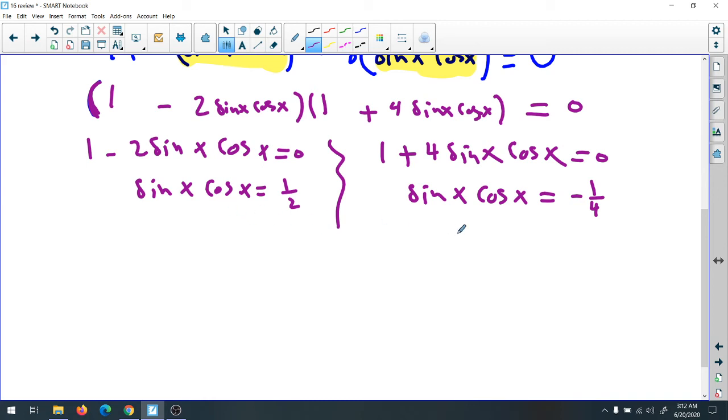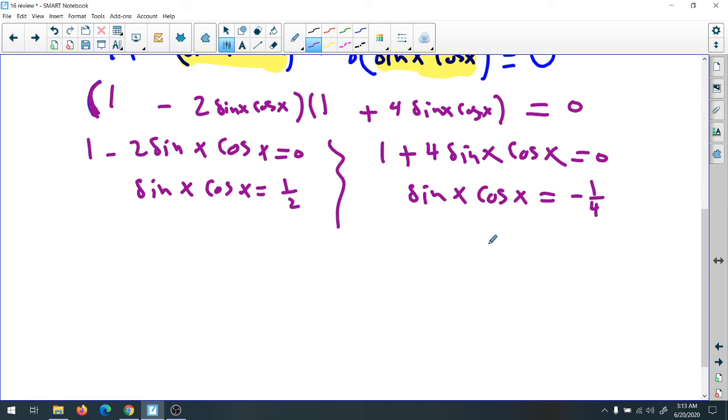If you look at the two possible solutions, sine x cosine x equals a half, and also sine x cosine x equals -1/4. Does that mean it is possible that cosine x equals a half and sine x equals 1? Yeah.